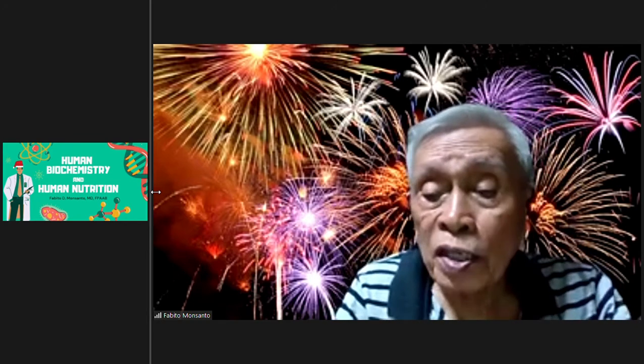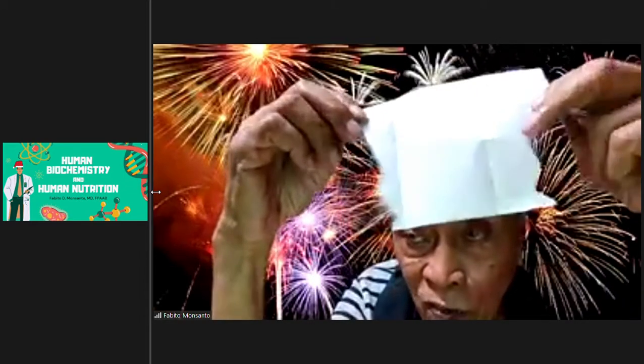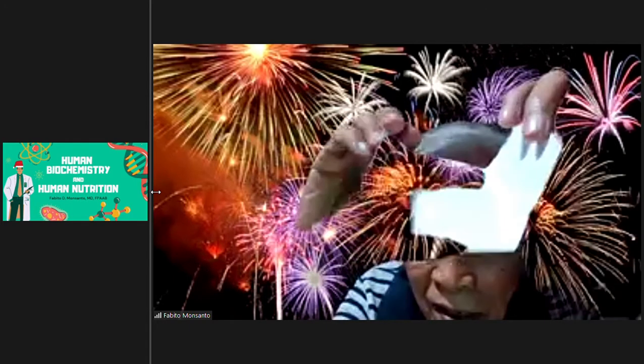Now, supposing this is your pyranose. When you are going to make a boat form of this, it will be like this. It looks like that way, no? You cannot see it. I do not know why the camera is like that. That's a boat form.